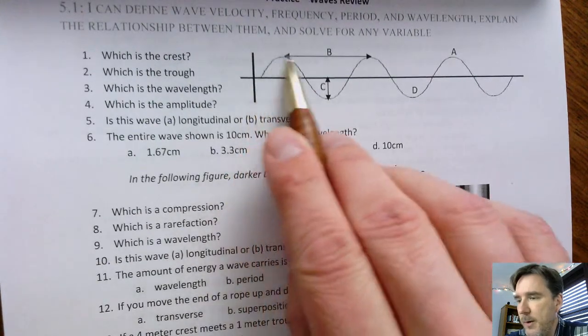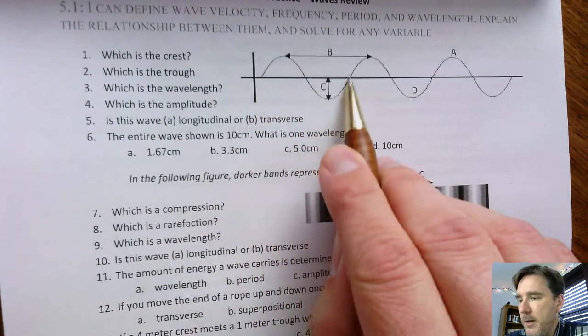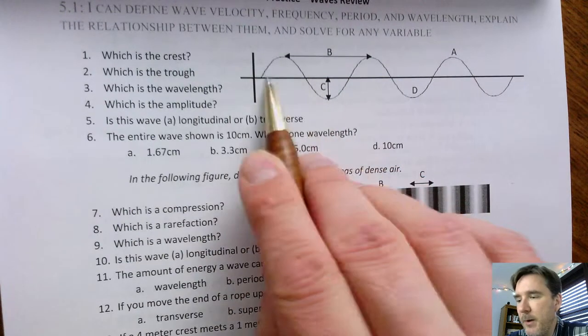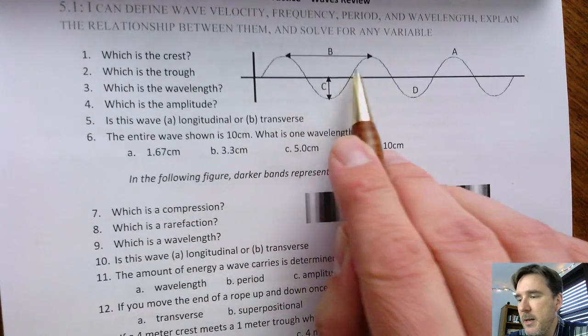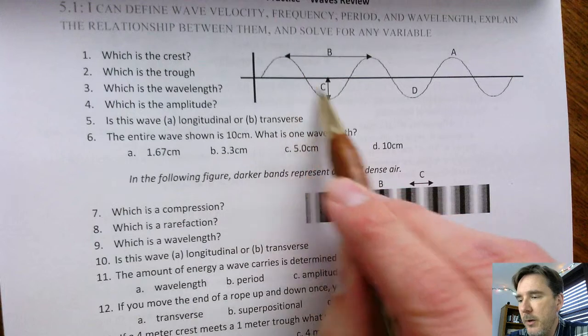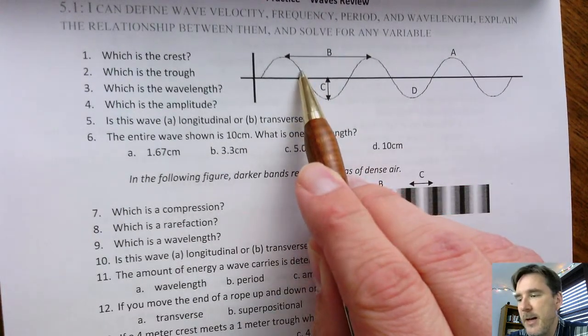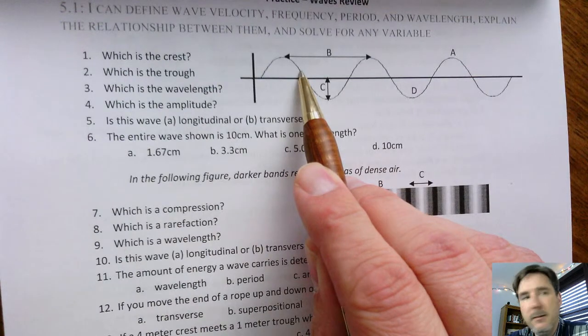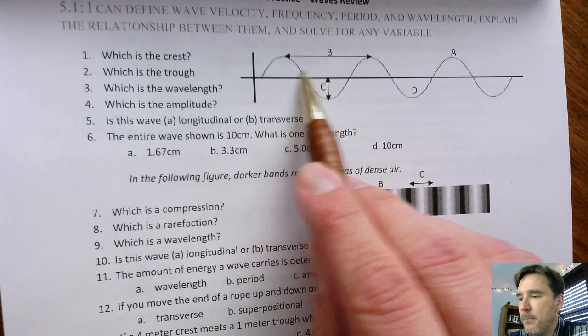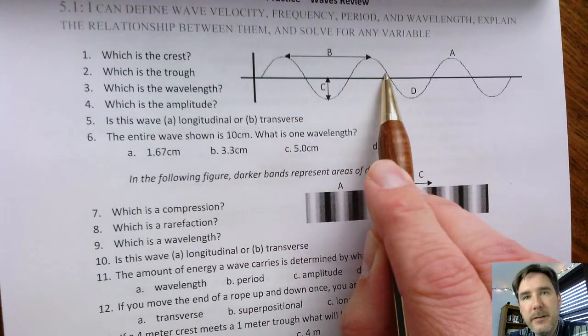So it's going to go all the way up, all the way down, and here again, and that would be a wavelength. Okay, so you pick a spot and you go the entire distance and you're back again to that spot. So on the downhill side of this hill, all the way to the downhill side of this hill would be a wavelength.